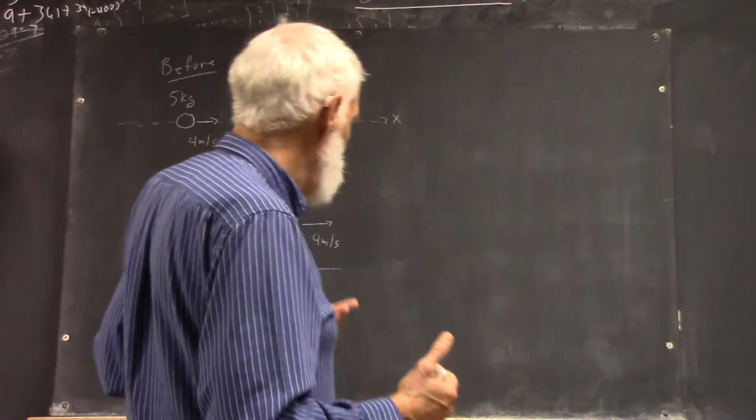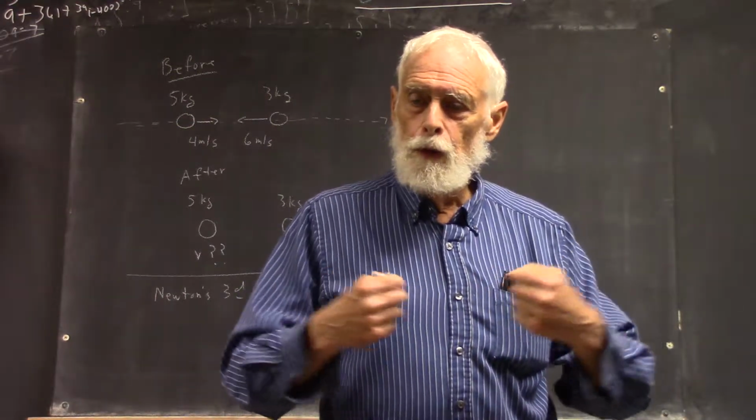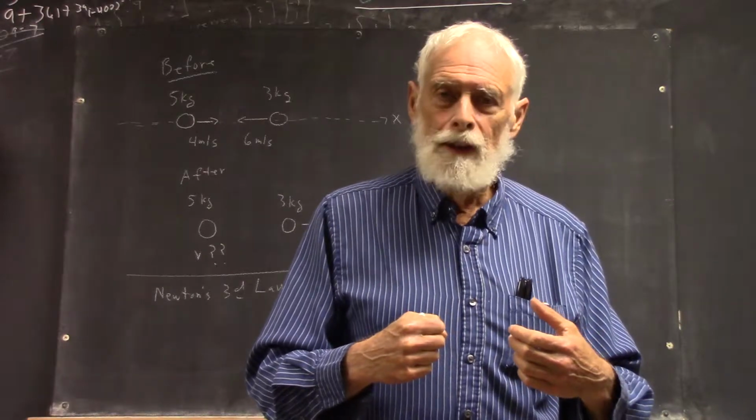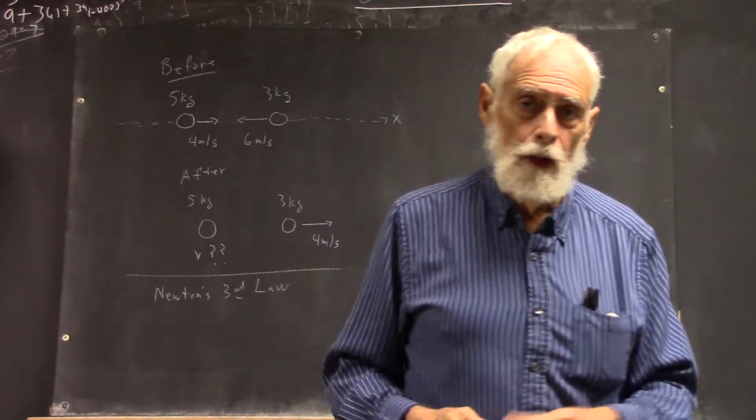That's true anytime two objects interact, anytime two objects exert forces on one another. The force exerted by one object is equal and opposite to the force exerted by the other. It's the law of action-reaction.